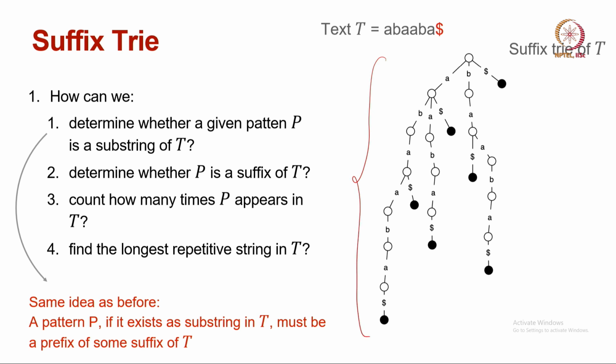Determining whether pattern P occurs in T is very simple, because all I need to do is start looking for the pattern from the root node onwards, one character at a time. For example, if my pattern is A, B, A, then I start matching from the root node, and if I am able to match all the characters of the pattern, then I know that the pattern occurs in the text T.